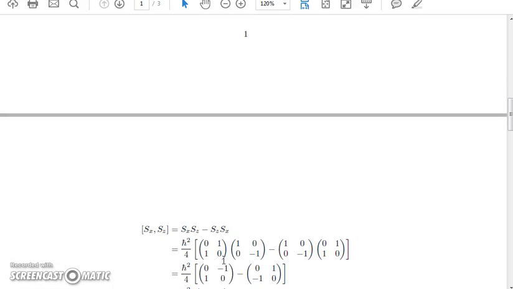The S_x S_z one is fairly similar. There's one more little trick, but it's really not too complicated.